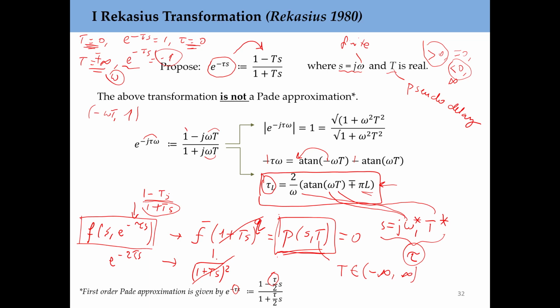Now, what we can do is study P of s, t for some critical t star values and critical omega star values, just like we have done in the previous slide with the Routh's array, and then use those omega star and t star values under the arctangent constraint to compute the corresponding tau values.